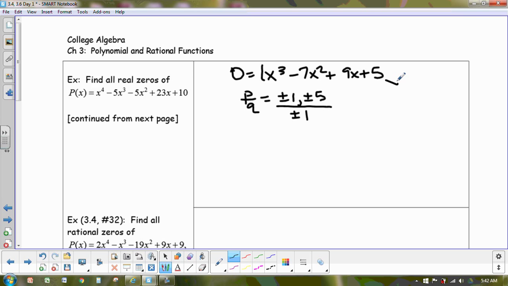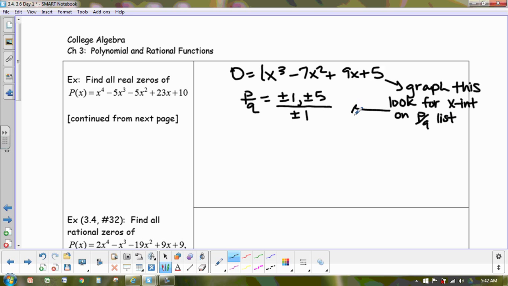So now I can graph this on my graphing calculator and look for x-intercepts that are on my p over q list. And I'm talking about this p over q list, not the original one.